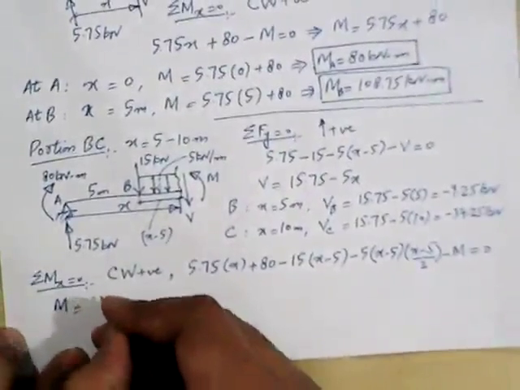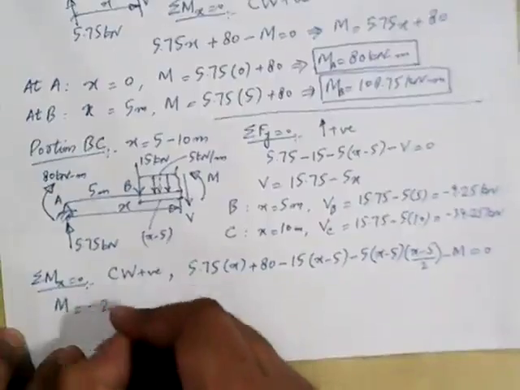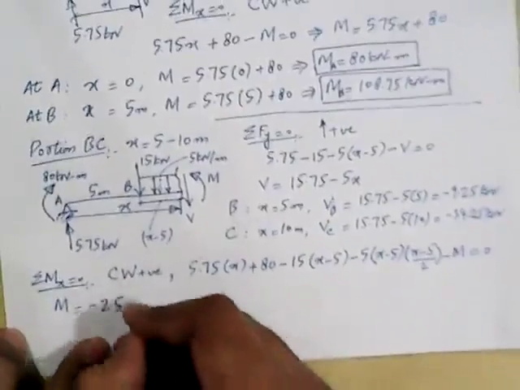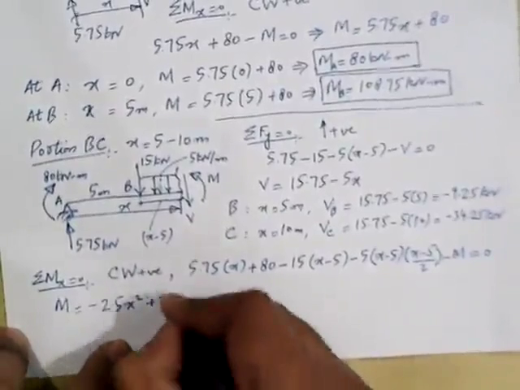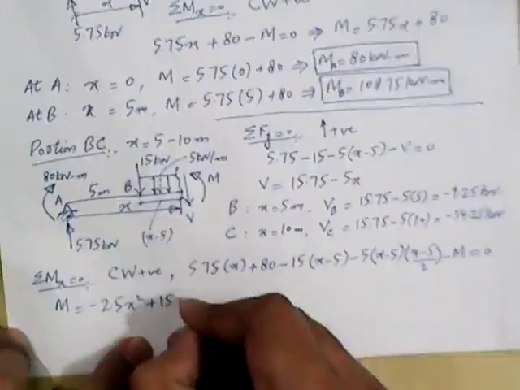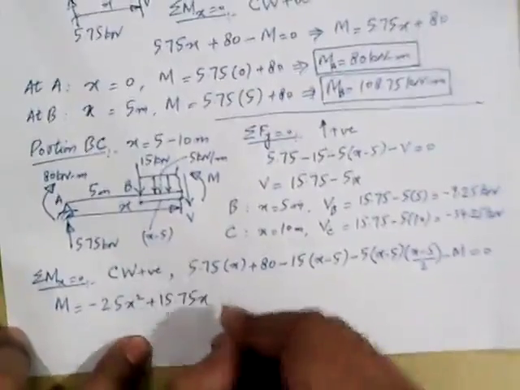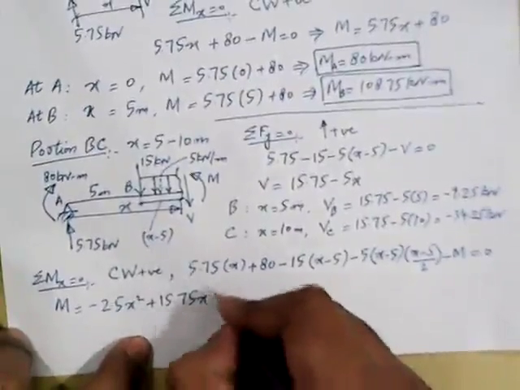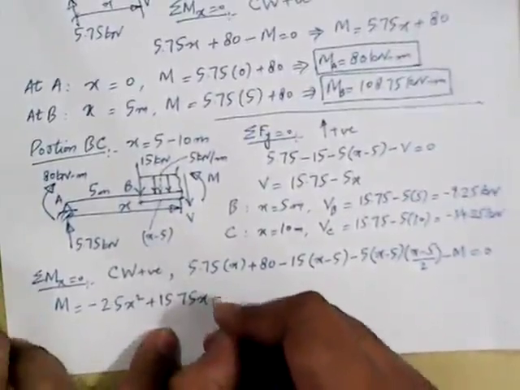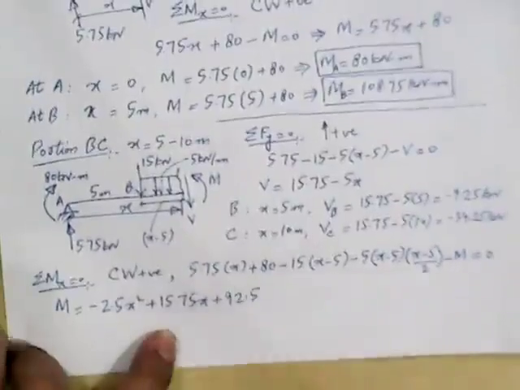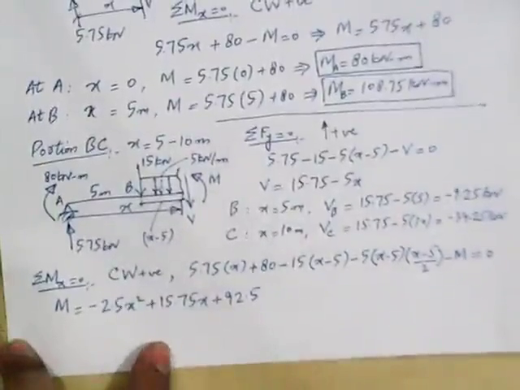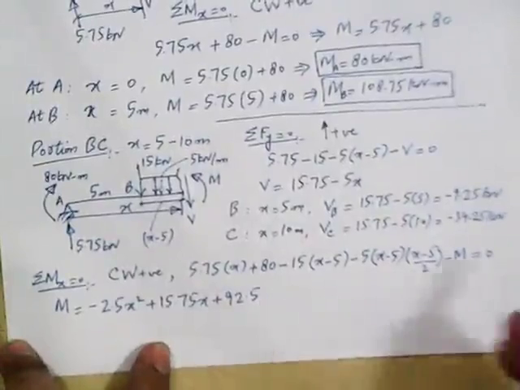M equal to minus 2.5 x square plus 15.75 x plus 92.5. This is the equation that you will get if you simplify this expression.